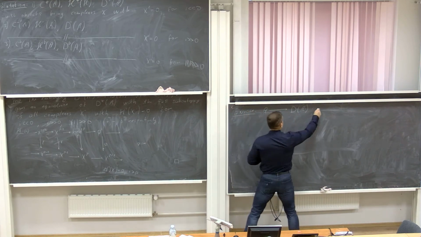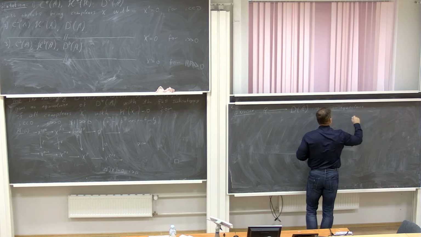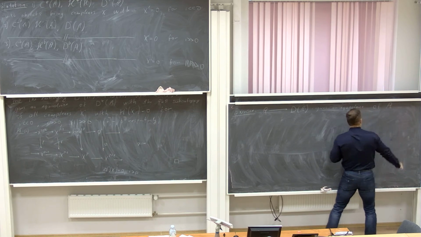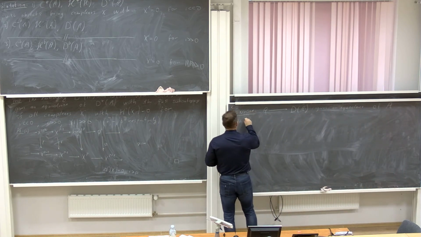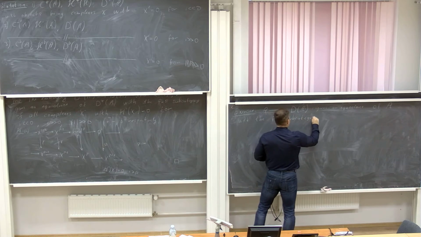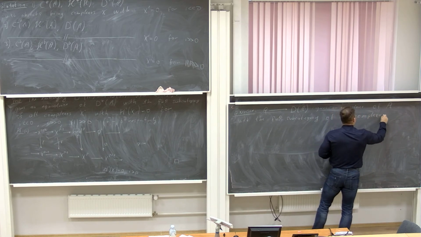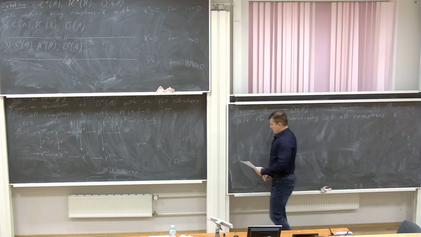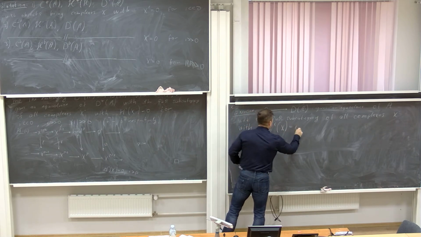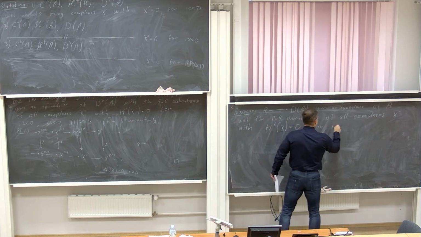So this embedding gives an equivalence of the abelian category A with the full subcategory of all complexes X with the condition that the cohomology of such complexes is trivial, so all H^i are 0, for i not equal to 0.